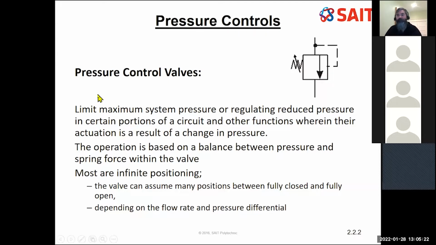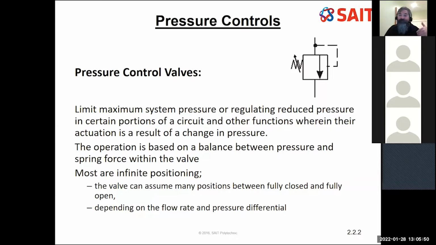Most of these valves technically have an infinite position, but we tend to draw them in their default closed position, and we draw them as either open or closed. A lot of the time we think of our circuits as opening and closing quickly or being in some partial position. The reality is they have an infinite position between open and closed, and most of them are going to sit in one of those extreme positions while the circuit is operating, or modulating in between those.